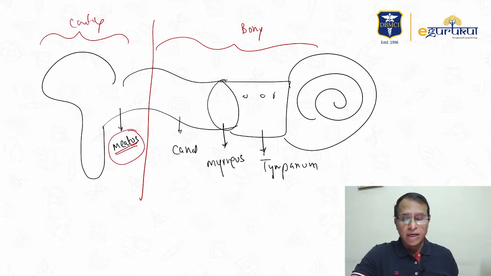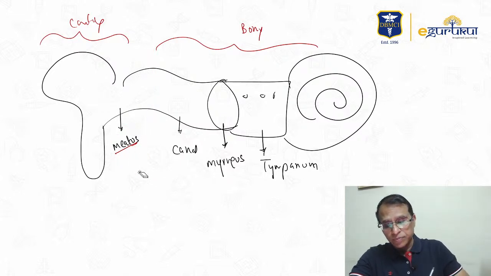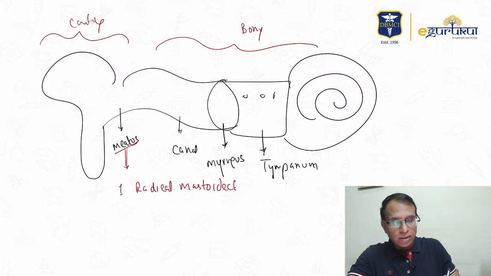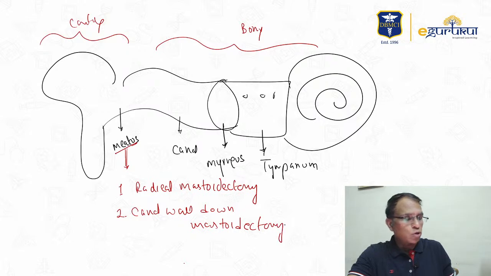Now meatoplasty is done after two surgeries. It is done after radical mastoidectomy, and it is done after canal wall down mastoidectomy, and both these surgeries are done for cholesteatoma.